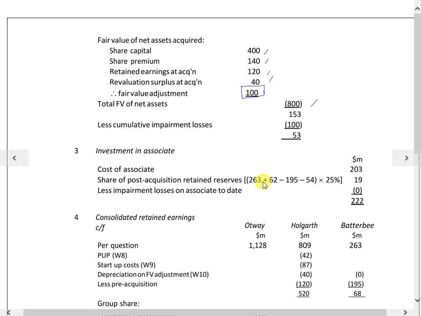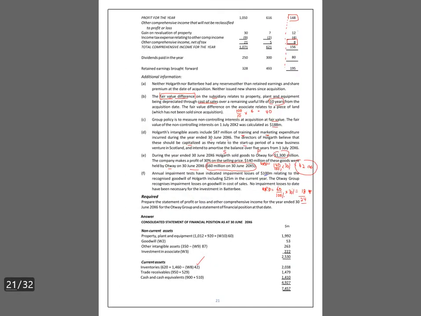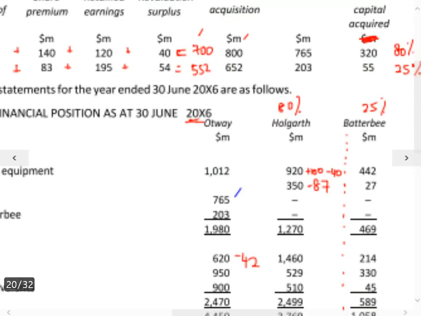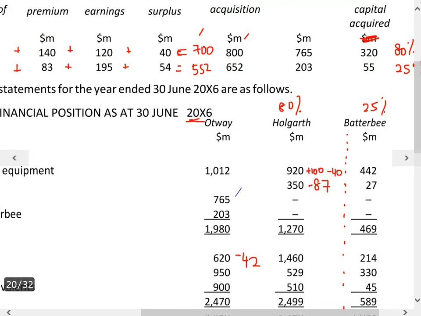So the balancing figure will be the 100 fair value adjustment. Normally, when you get this $100 fair value adjustment, remember you must add it to here, and when it's subject to depreciation, remember to minus it immediately, 4 years. And this 440 must be deducted from the subsidiary's profit.